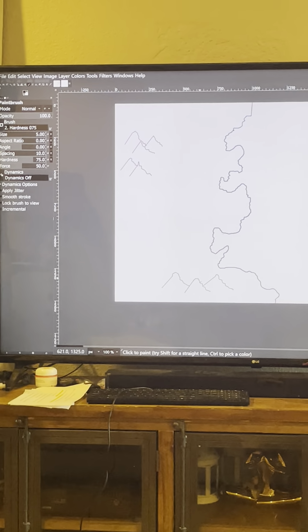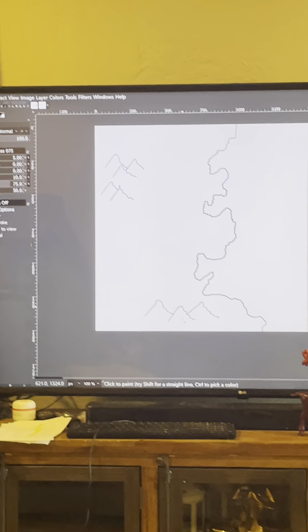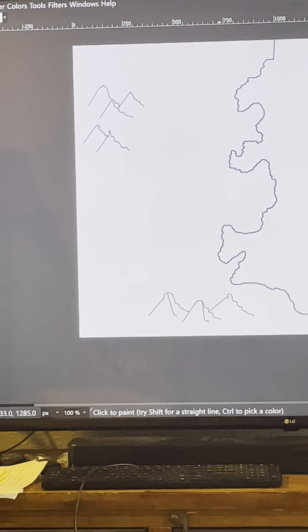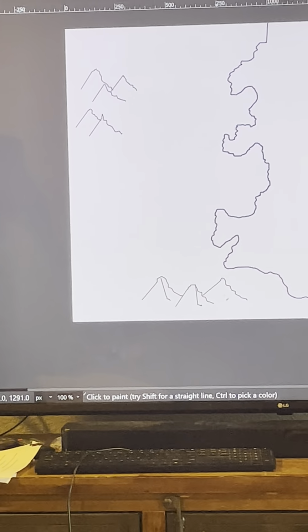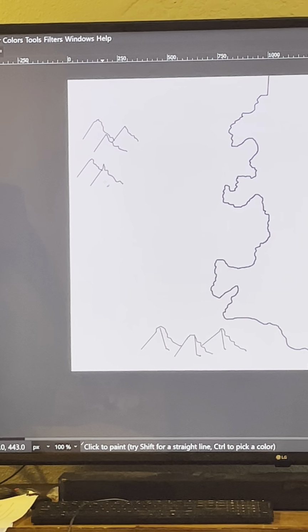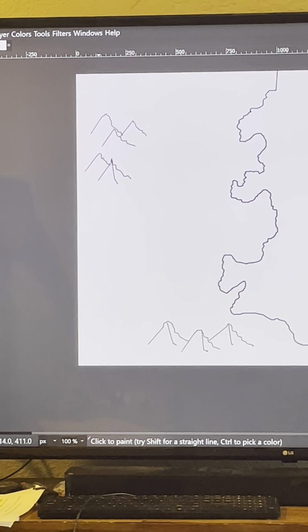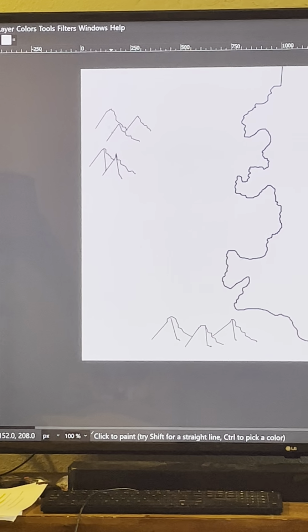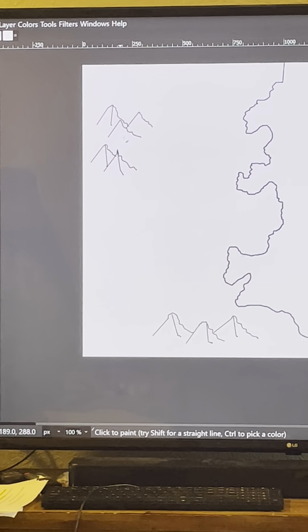To make it more 3D, always have a mountain ridge line down. These are pretty straight because my Bluetooth has a connection error, but preferably you can make it more rough. Give it a more realistic feel.